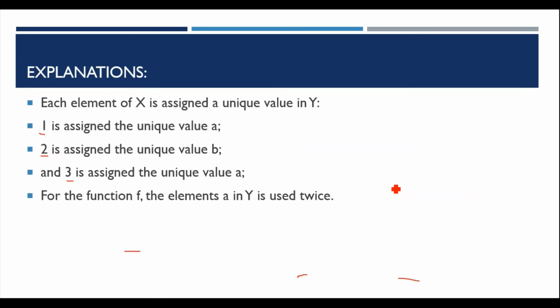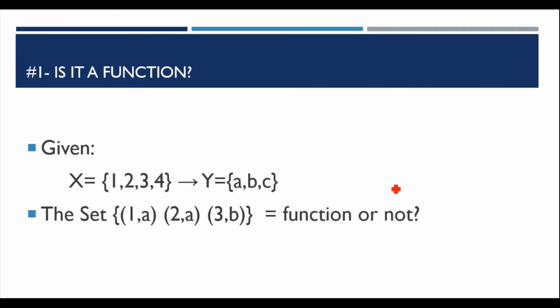Okay, now moving on, we have here another example. So we have here for set X 1, 2, 3, 4, and for set Y is equal to A, B, C. Now these are the elements of these two sets.